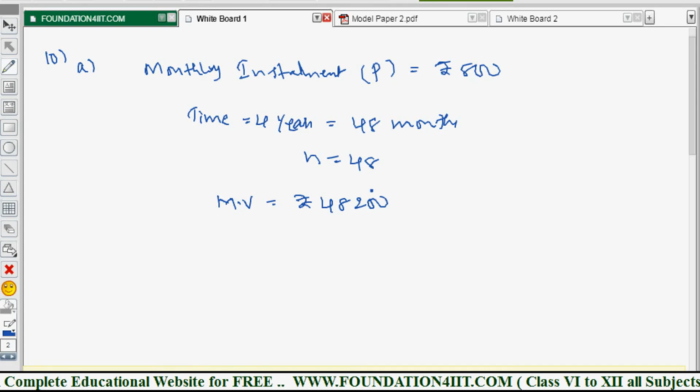Now we can find out the simple interest and the rate of interest. Whenever the maturity value is given, let us take the amount deposited by him, the total amount which is deposited. That is 48 into 800. If you want the simple interest from the maturity value, we need to subtract the total principal amount, the total deposited amount.